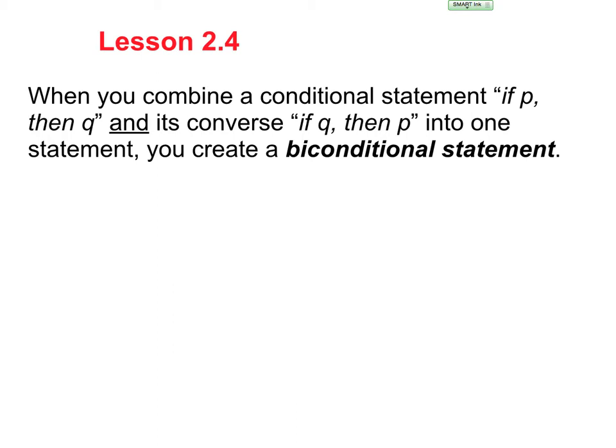Okay, a biconditional statement is a combination of two of the statements that we were just looking at. What two combine to make a biconditional? What does it say in your notes or in your definition?